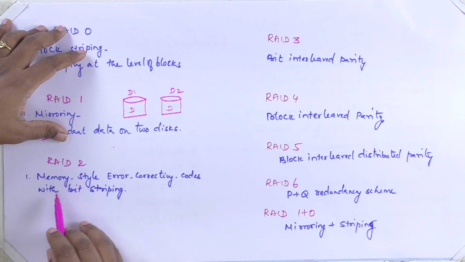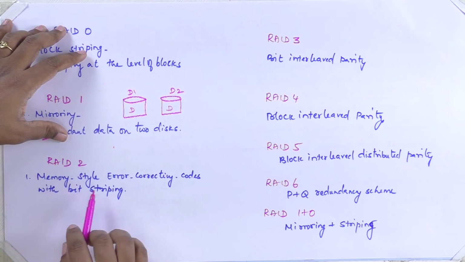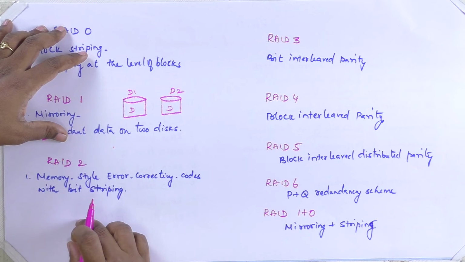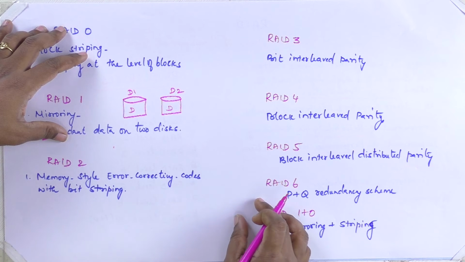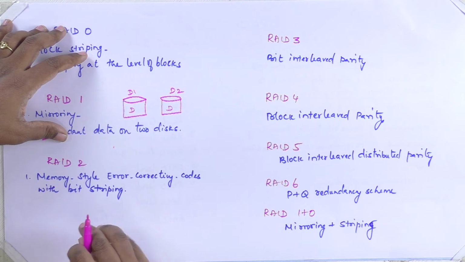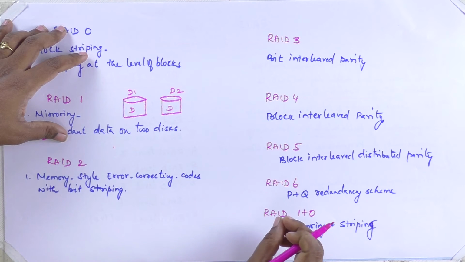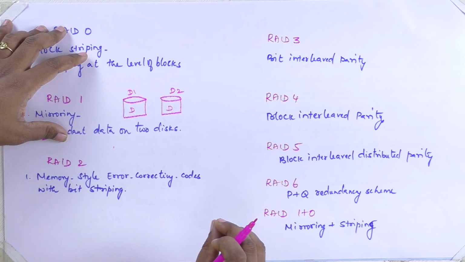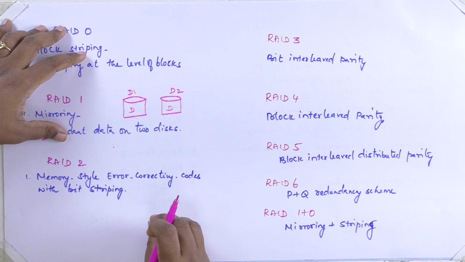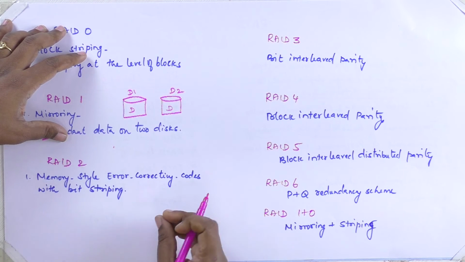RAID 2 is memory style error correcting codes with bit striping, meaning the data is stored in terms of bits. When the bits are transferred to disks, we need to check for error correction, meaning the parity bit, whether whatever we sent is actually stored.